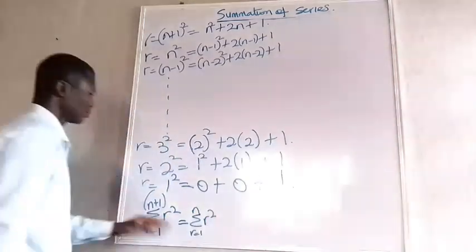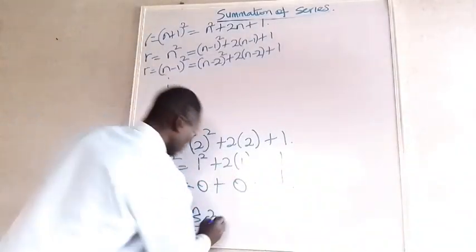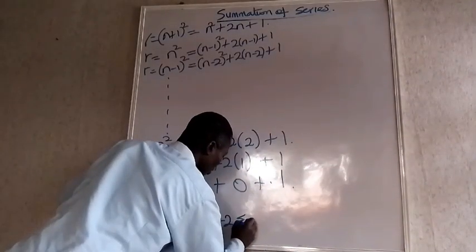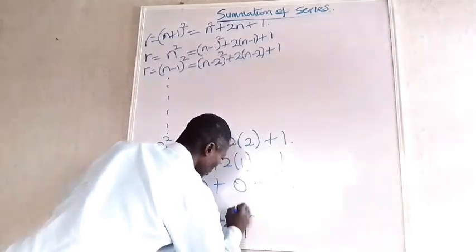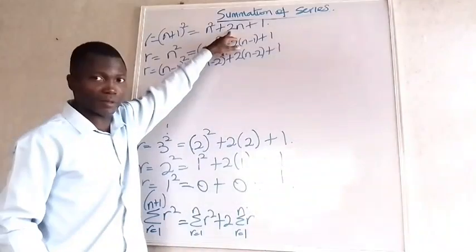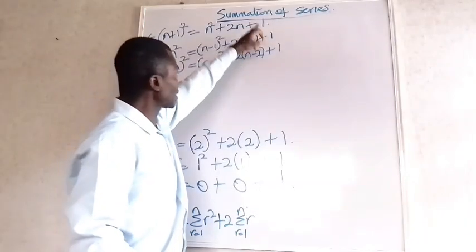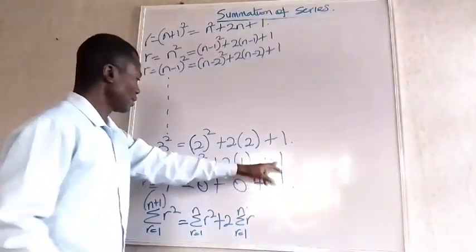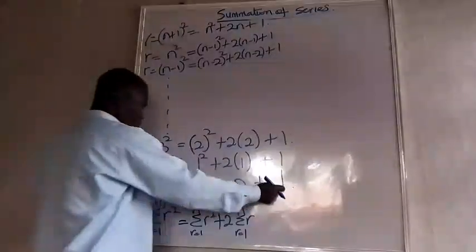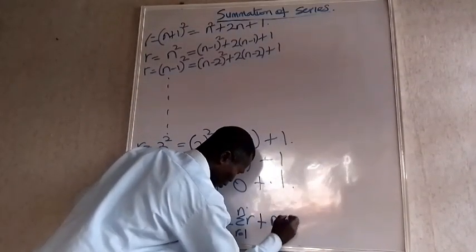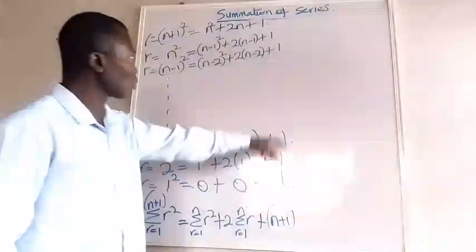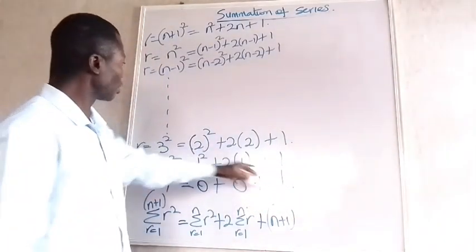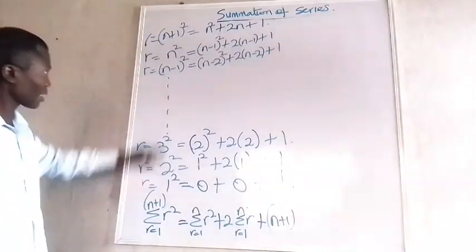And this one too, plus 2 summation r from r equals 1 to n. See. And this one, by the time you check it, 1, 2, 3, 4, 5, 6, 7, 8, 9, 10, everything to n plus 1 plus n plus 1. Because by the time you count this 1, 1, 1, everything, by the time you multiply it, it is going to be n plus 1.